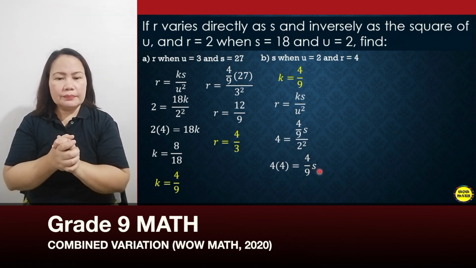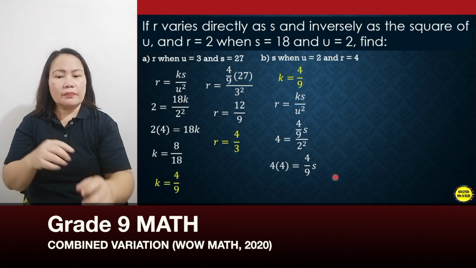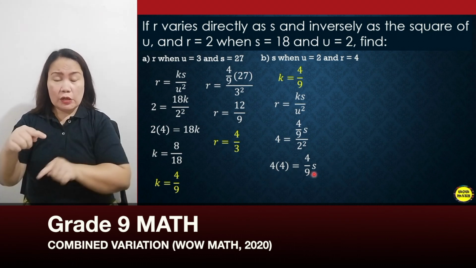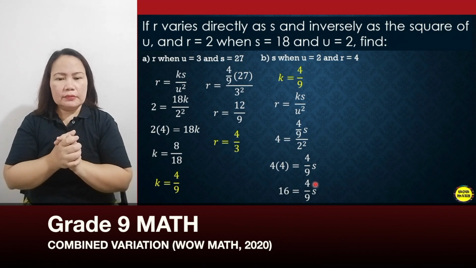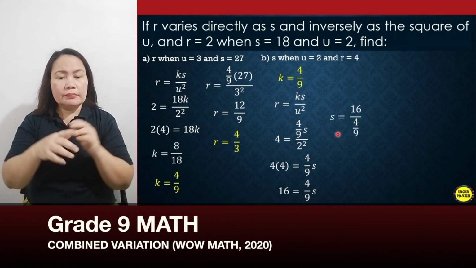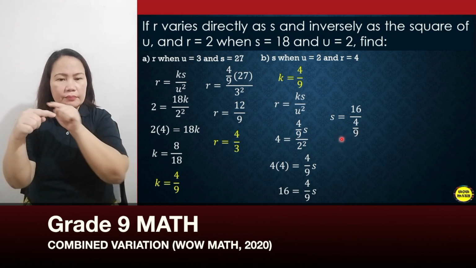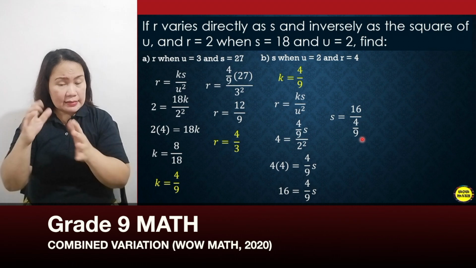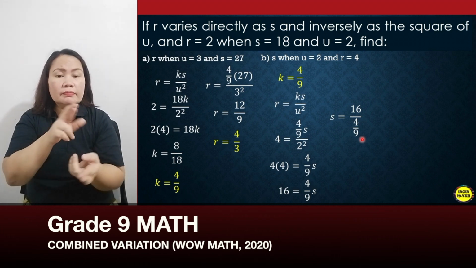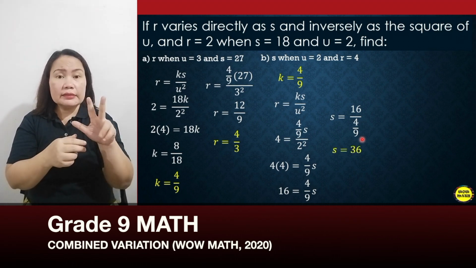So, para ma-solve natin yung s natin, i-divide natin both sides by 4 over 9. So, that is 16 equals 4 over 9 s. Again, divide natin both sides by 4 over 9. So, 16 divided by 4 over 9. So, kapag dinivide natin yan, the answer is 36.